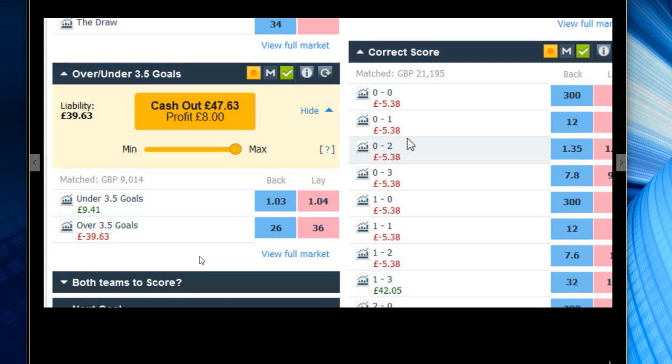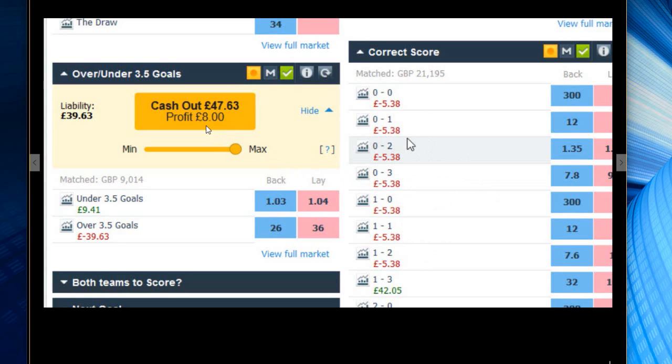Here it's even more pronounced. Once again, this is a standard method 1 bet, and so we've got the under 3.5 goals bet there. We've got the 1-3, 3-1, 2-2 bets placed. Once again, because I'm obviously using the same stakes by the looks of it, then there's a £5.38 liability if any of these scores crop up.